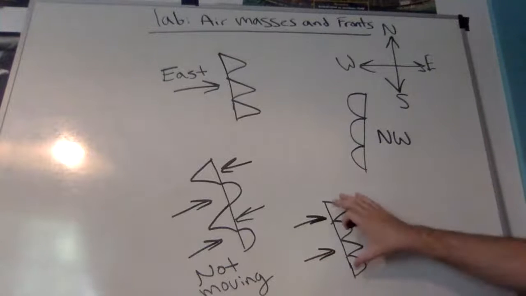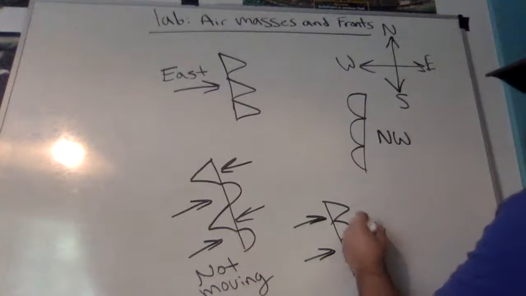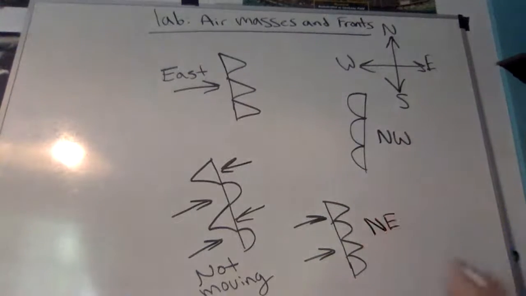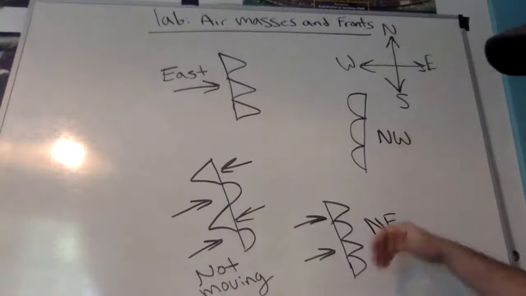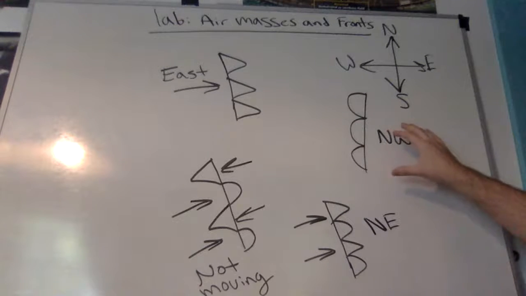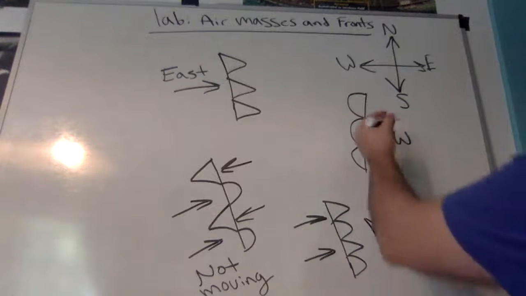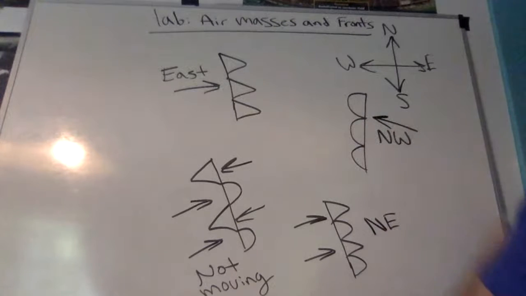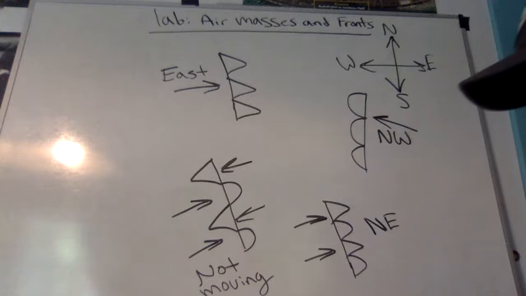Since this one is at a little bit of an angle, we can say that it's going northeast. So for number 1, you don't have to draw these pictures, but I'm just showing you that the symbol points in the direction that the front is moving. You can use something like that for your answer. Okay, so that's number 1.